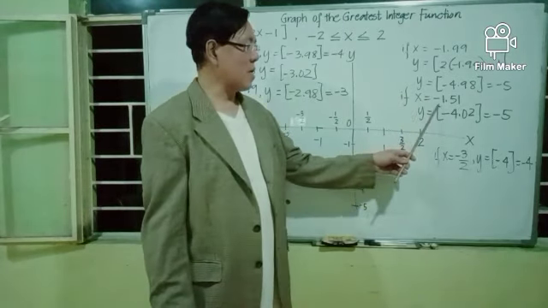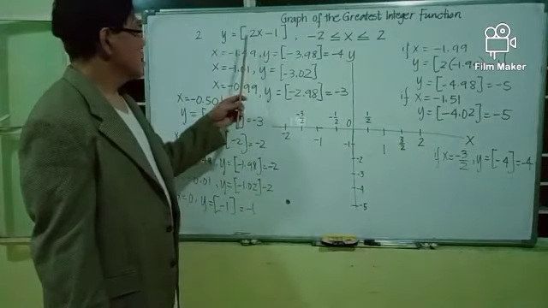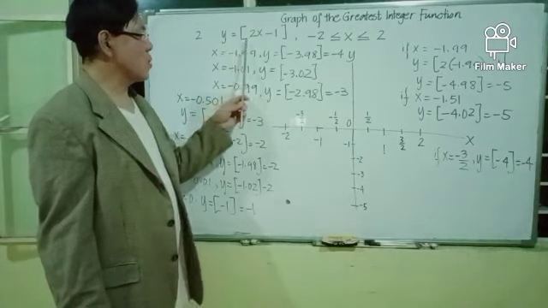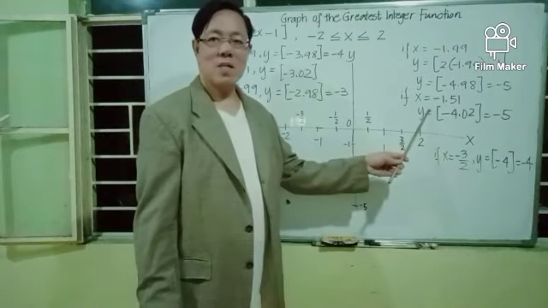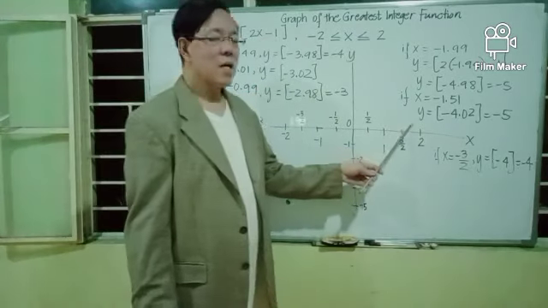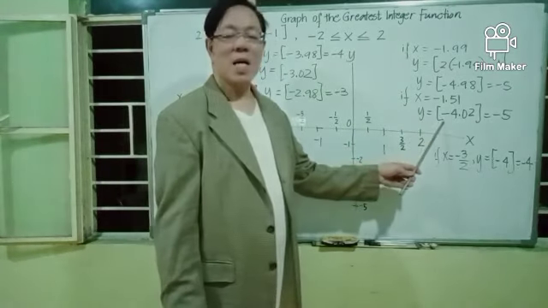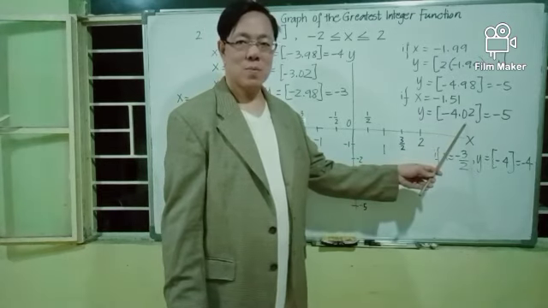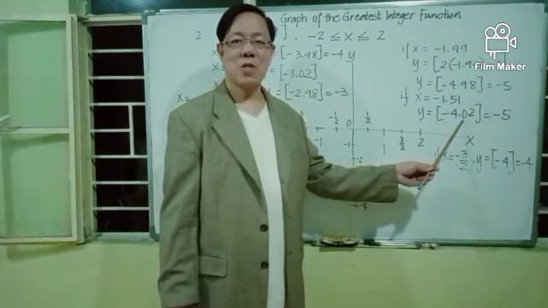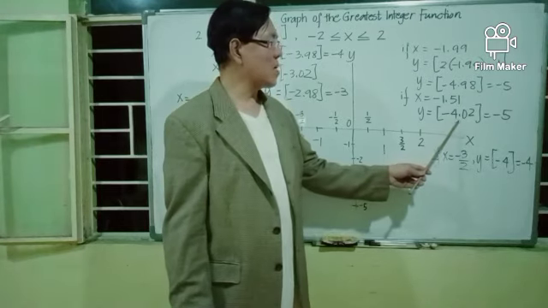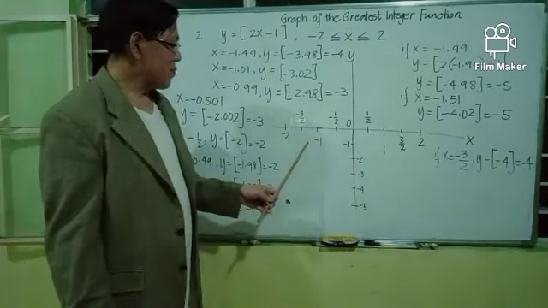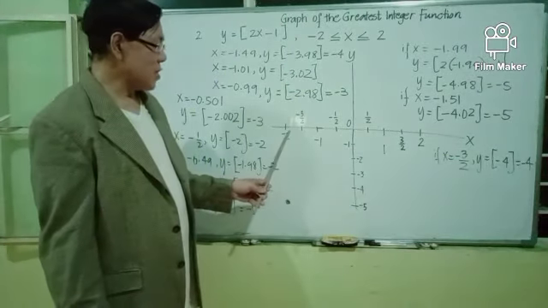If x equals negative 1.51, you substitute the value of x here, then the value of y is equal to the floor of 2 times negative 1.51 minus 1, or y is equal to the floor of negative 4.02. And the floor of negative 4.02 is the largest integer that is less than negative 4.02, and that integer is negative 5.